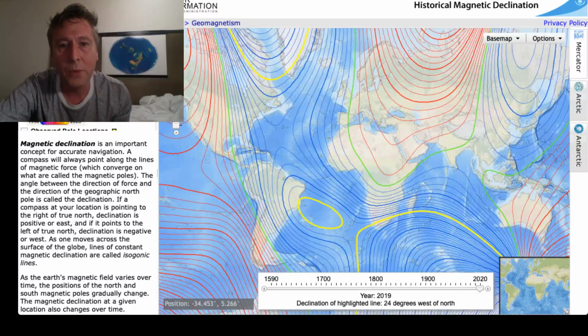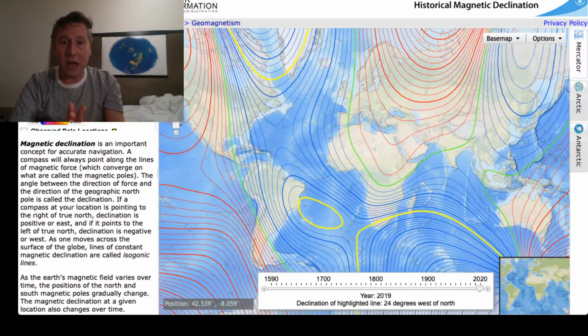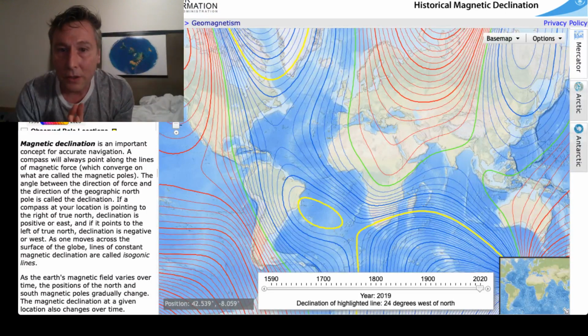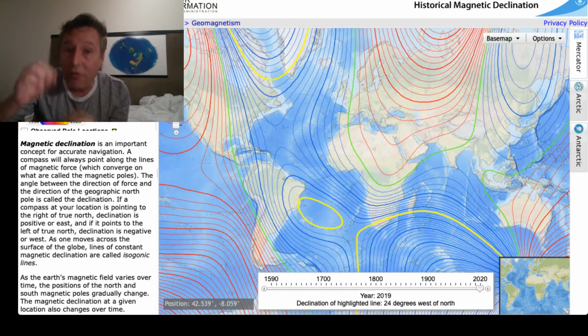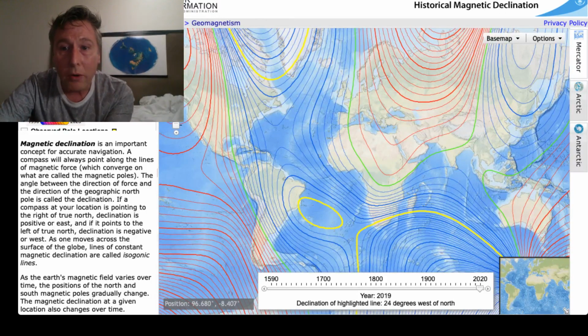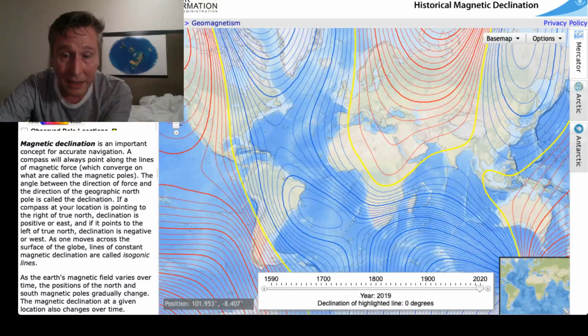Okay. Now, considering that these lines are magnetic declination lines that show whether your compass would veer off to the east or to the west at your location, I'm going to bring you over to this green line, which is again the yellow line.